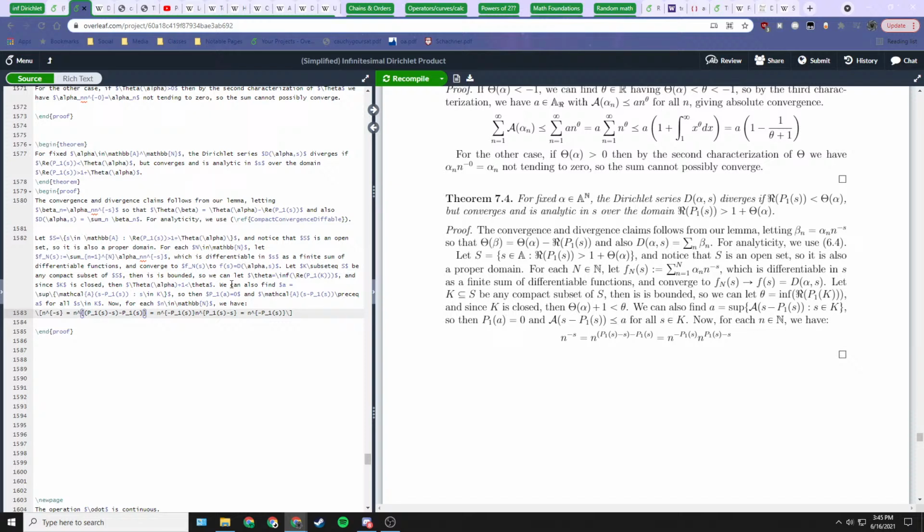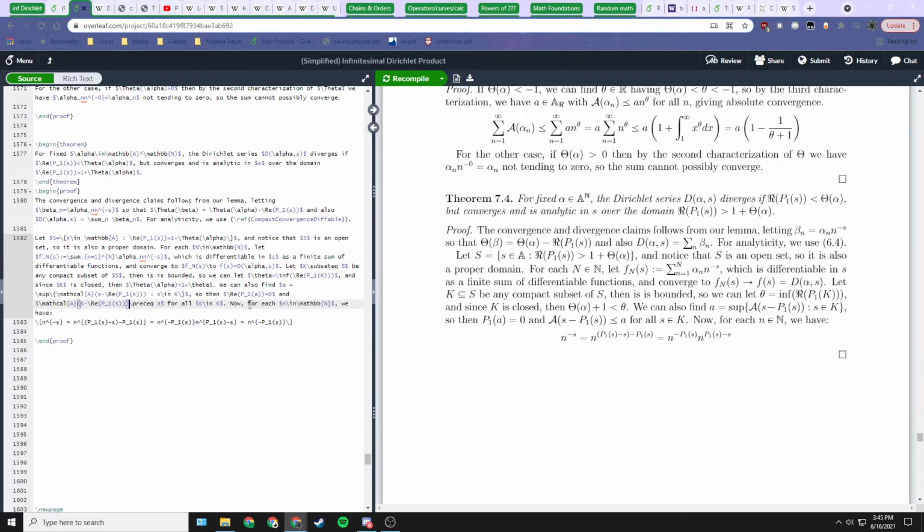So we can find theta from the real part of P1, theta alpha plus 1 is less than theta. We can also find A equals the supremum of A of S minus the real part of P1 of S. So then the real part of P1 of A is 0, and A of S minus the real part of P1 of S is bounded by A for S in K.